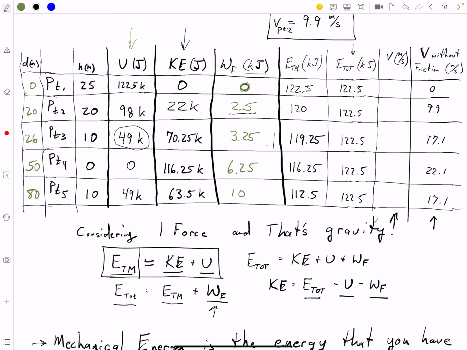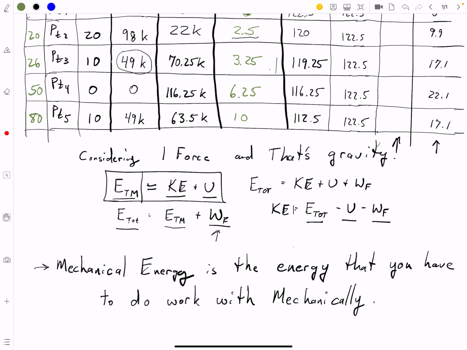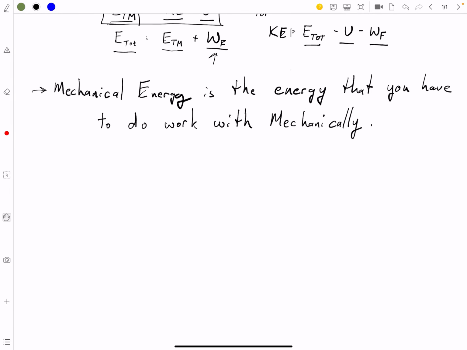And so what does that do? How can we see that in our slowing down of the cart? We did 1/2 mv squared, right? So let's do our 1/2 mv squared.